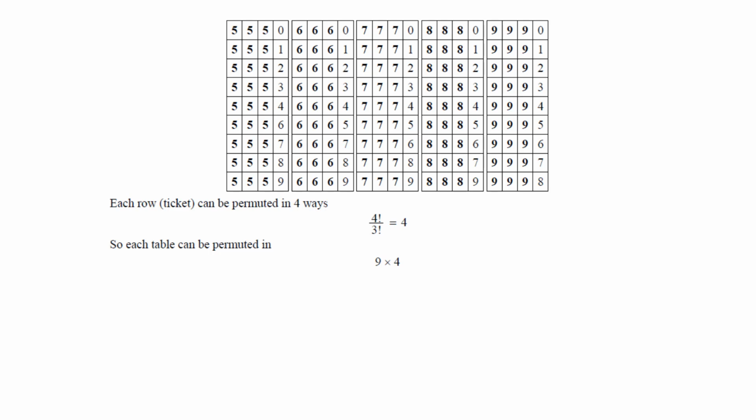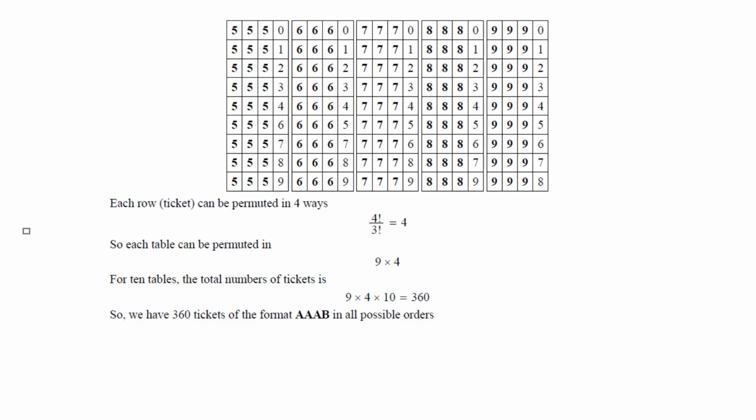So we are going to get 9 times 4, which is the number of permutations per one table, and we have 10 tables. So 9 times 4 times 10, we end up with 360 tickets in the form of AAAB.